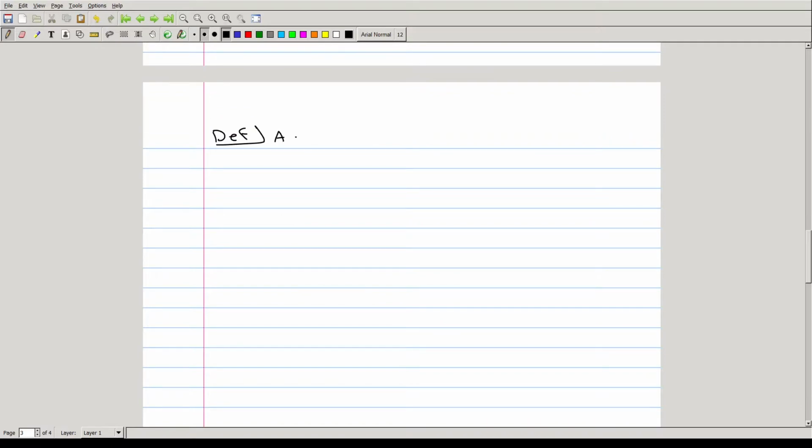So take functions f and g as above, defined at the beginning of the lecture.